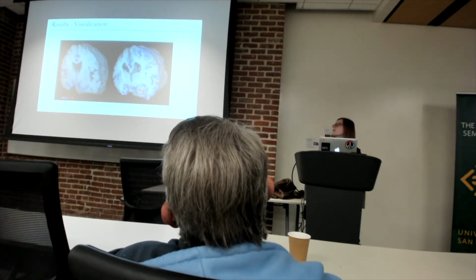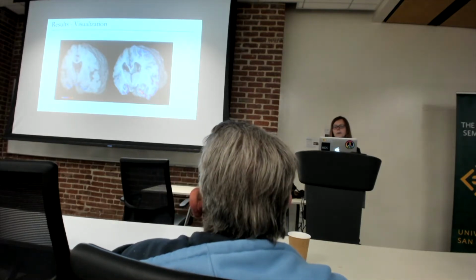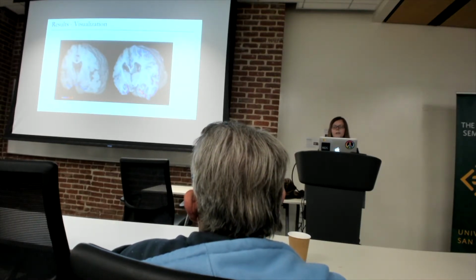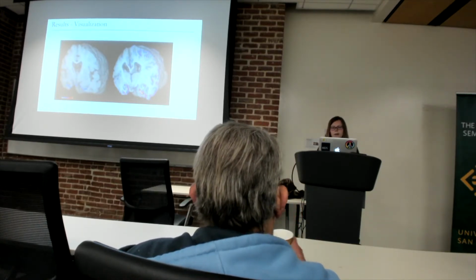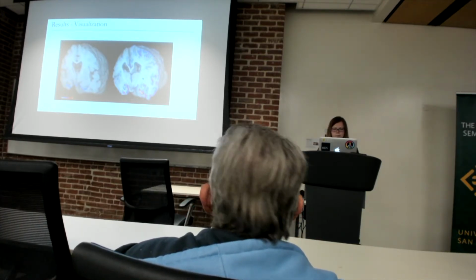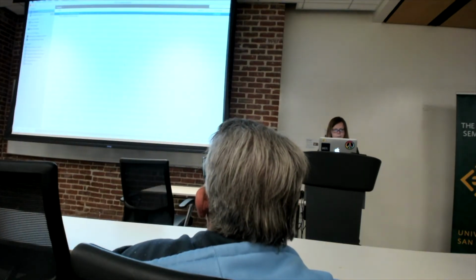Here is a late stage patient, and you can see how you have way more tau. By the way, the brighter the color here, the higher the density of tau. You can see that you have tau across the whole brain. And just out of curiosity, I have some videos.